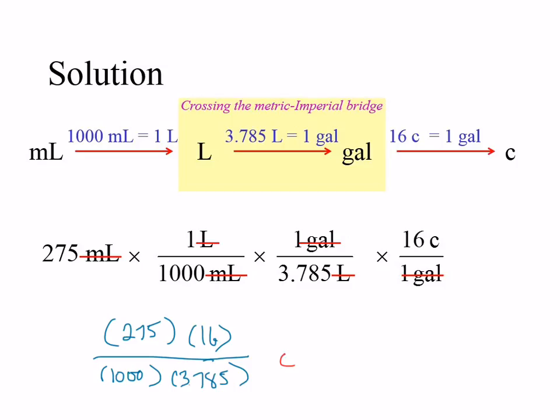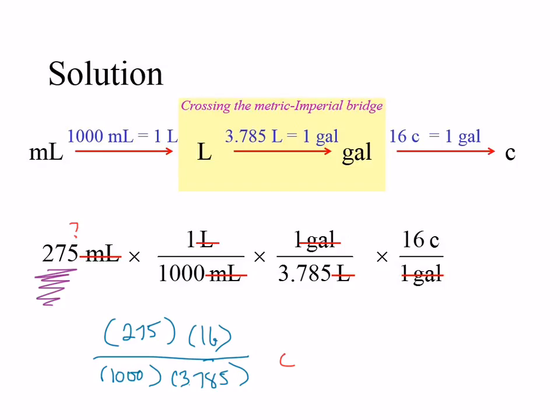So let's see how we want to round it. Is there uncertainty in this first term, 275? Is it exact or is there uncertainty? It's exact. Why is it exact? Oh, no, it's not a set conversion. Right, it's not a set conversion. It's a whole number, but there's uncertainty in all measured quantities.